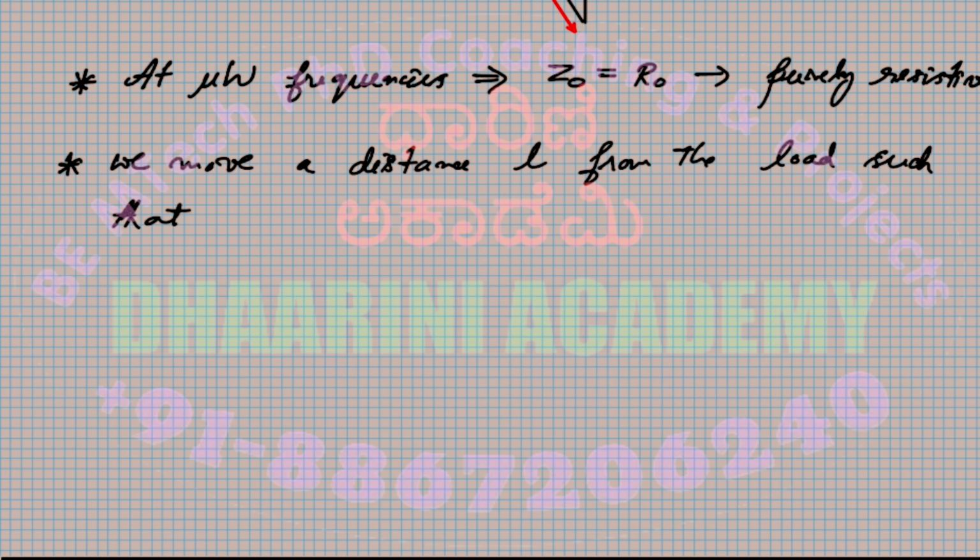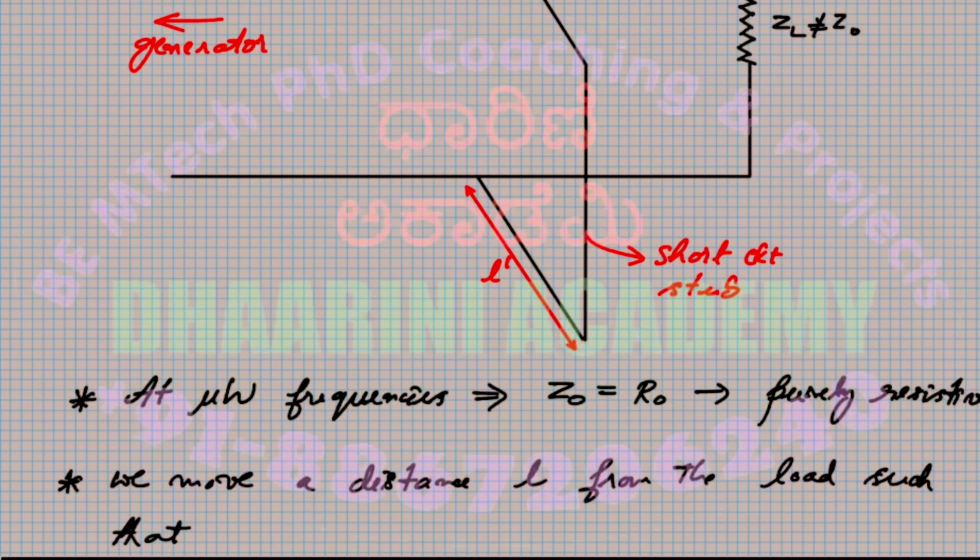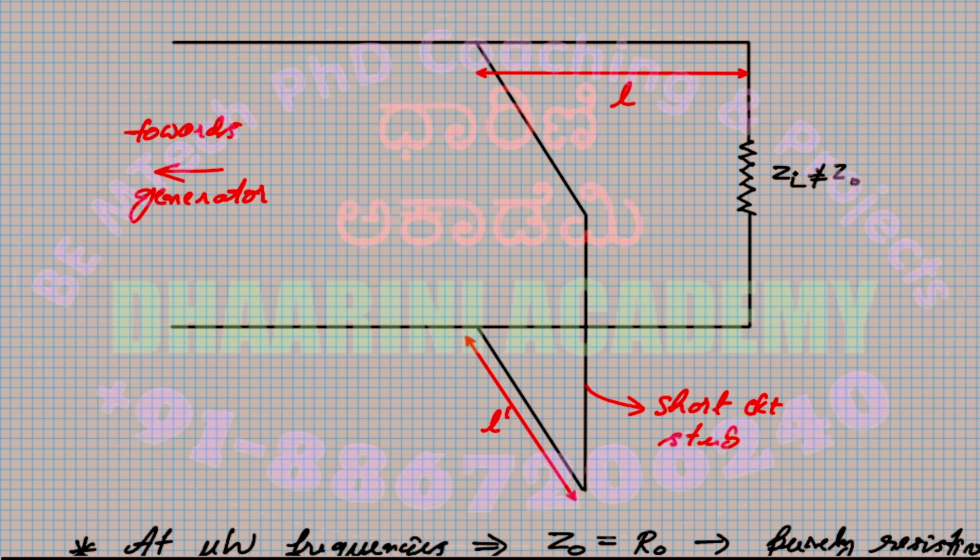Why do I move a distance L? Because of one reason. Let me assume the load value is R dash plus some jX dash. When you measure the load value, it looks like R dash plus jX dash.